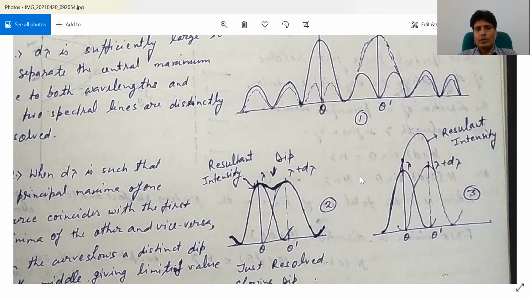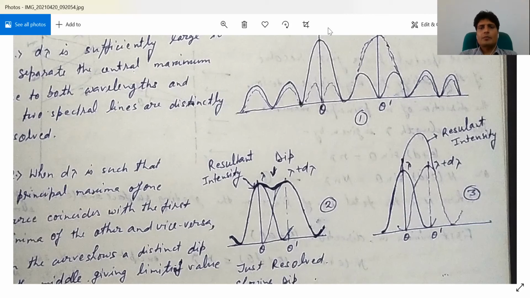So the ratio of I mid upon I max will be equal to 8 upon pi square. Thus the Rayleigh criterion may also be stated that two equally intense spectral lines are just resolved if the intensity at the dip in the middle is 8 upon pi square times the intensity at either of the maxima.